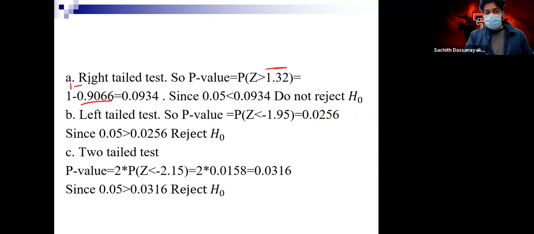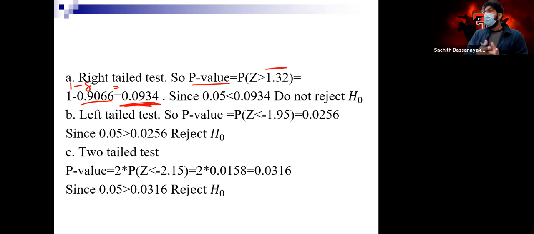Do you remember 1 minus delta? Okay, right tail test, 1 minus delta. That's your p-value. So your p-value is 0.934, and your alpha is 0.05.